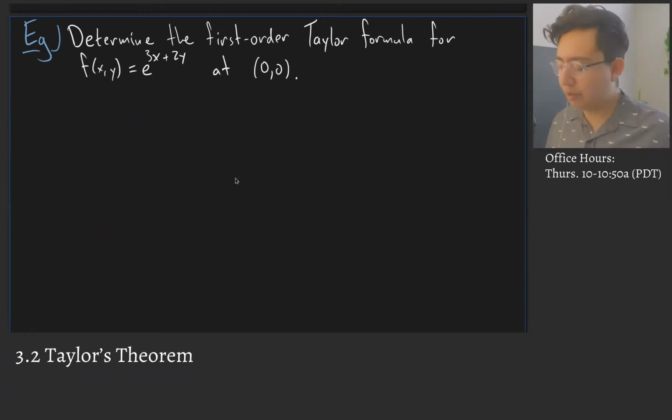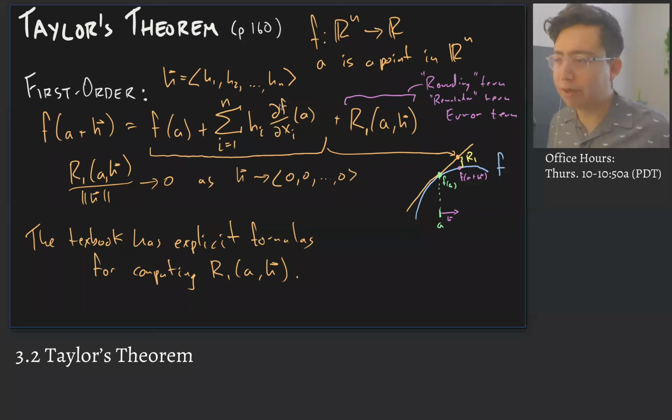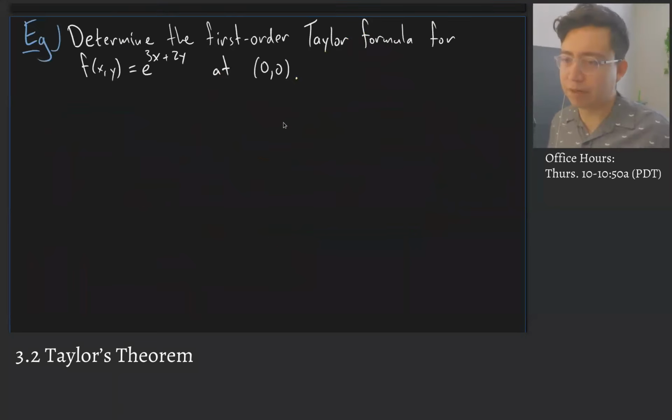So how are we going to do this? Well, if we look at the formula here, we're going to need to compute the partial derivative with respect to each variable. So we're going to compute the partial of f with respect to x. This is going to be 3 times e to the 3x plus 2y.